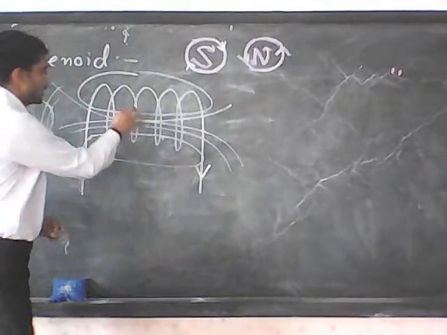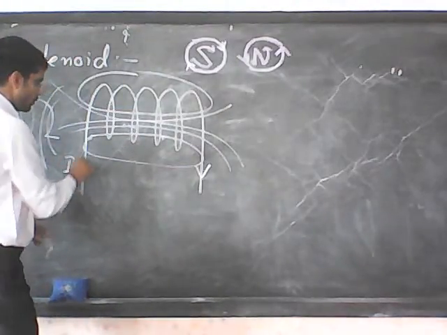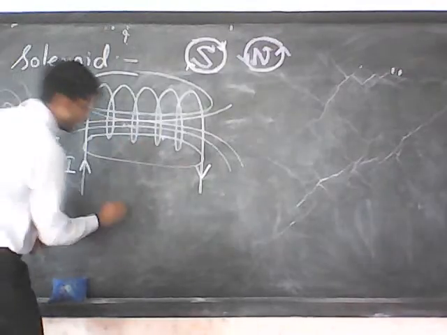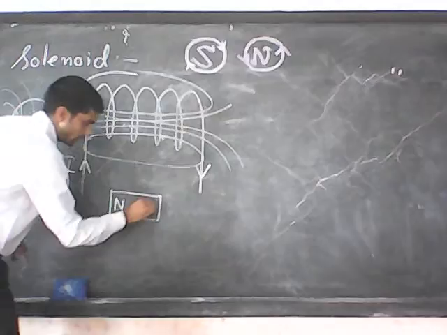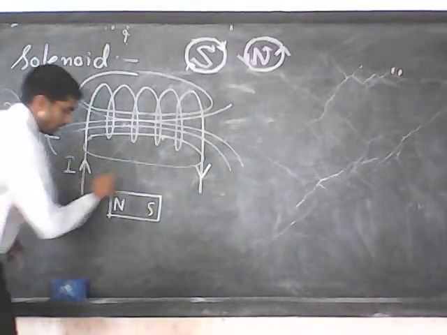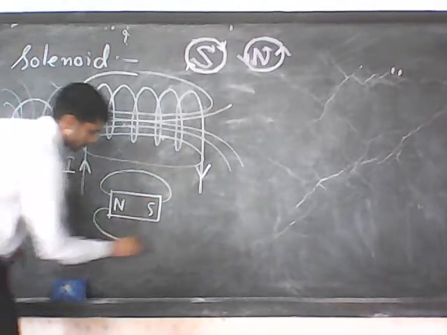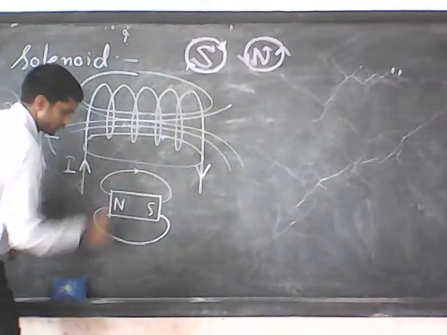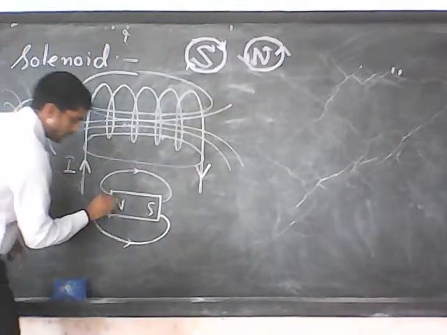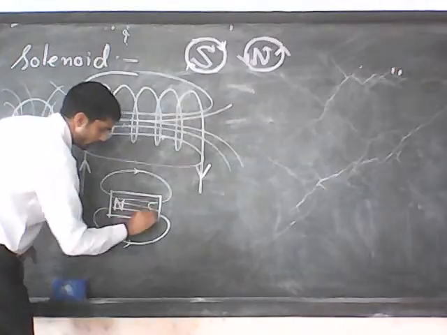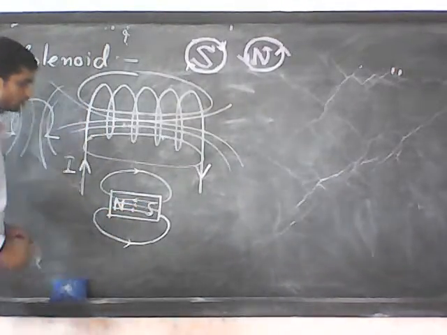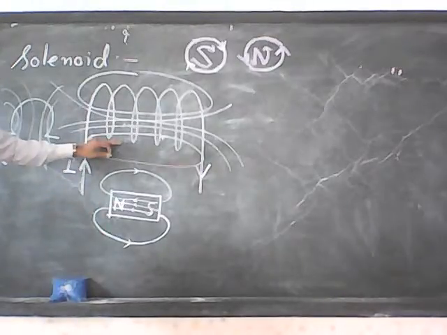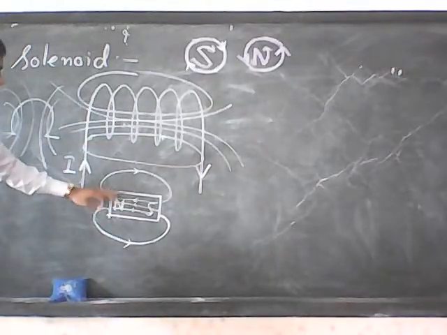So what will be the direction of magnetic field lines here? Just like if you have the bar magnet here, north and south. You observe now, and inside it will be the uniform magnetic field from south to north. So isn't the pattern very similar to the bar magnet?